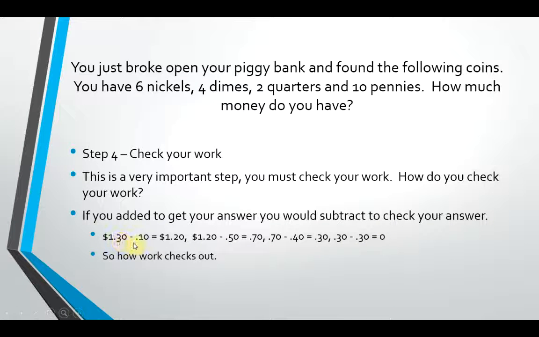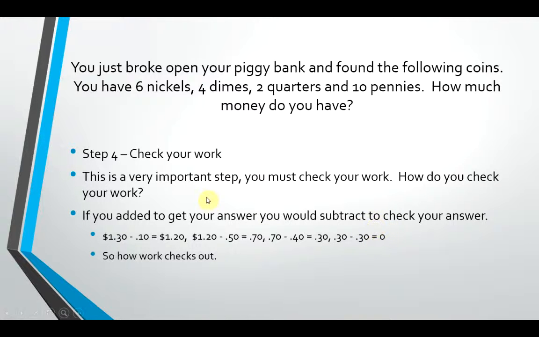Let's subtract our 10 pennies. That gives us $1.20. Out of the $1.20, let's subtract our 2 quarters, which is 50 cents. That leaves us with 70 cents. 70 cents minus the 40 cents, which is the 4 dimes, equals 30 cents. 30 cents minus the 6 nickels, which is 30 cents, equals 0.